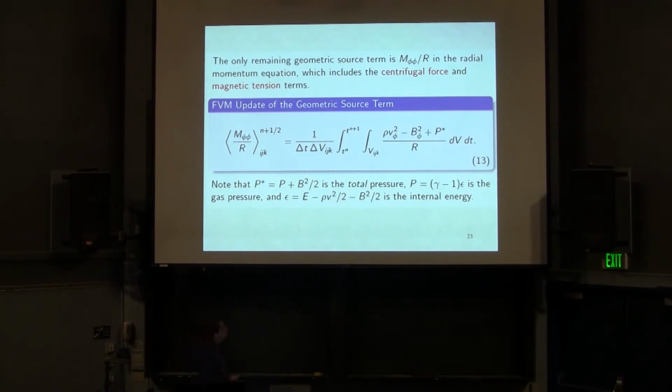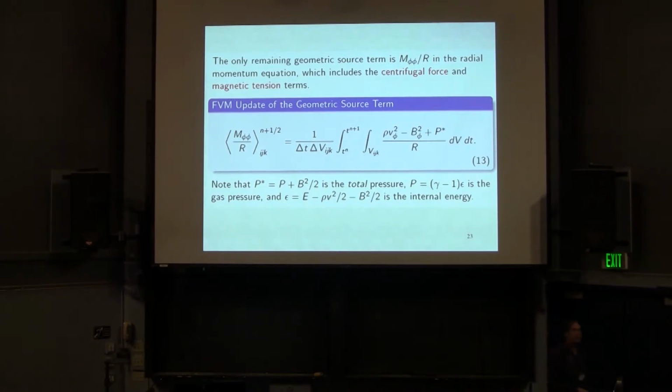Now, notice that it contains quantities I already know at volume centers, because these are the quantities I'm evolving. For example, it contains momentum and density. It contains the phi component of the magnetic field. These terms I know their time evolution from the finite volume update. But it also contains the pressure, which is not a conserved quantity and not something I'm evolving. I'm only evolving total energy.